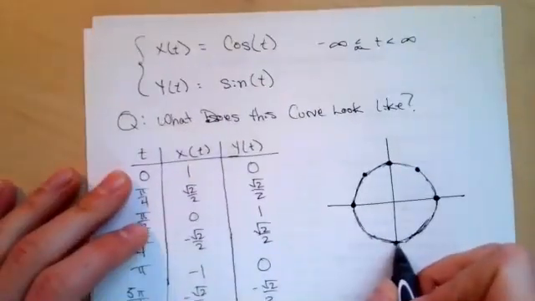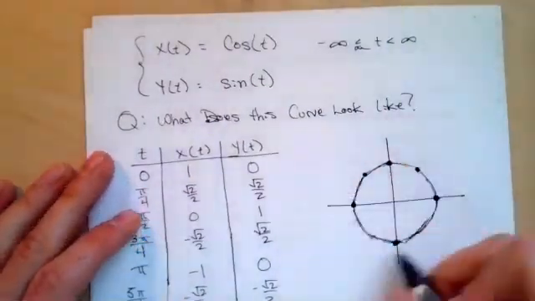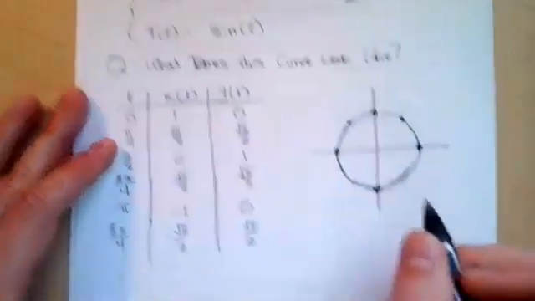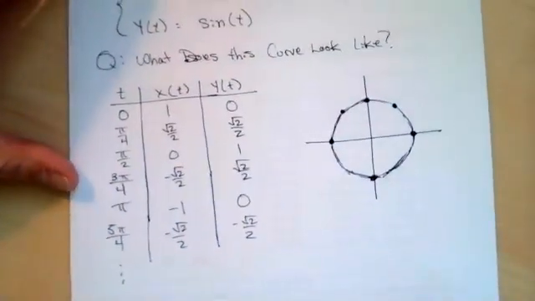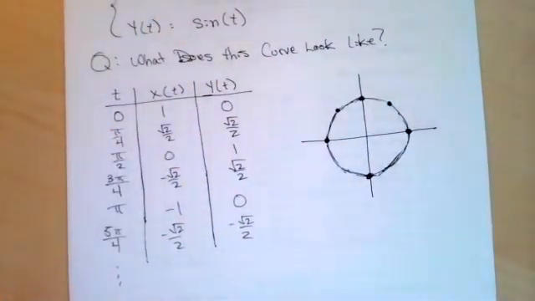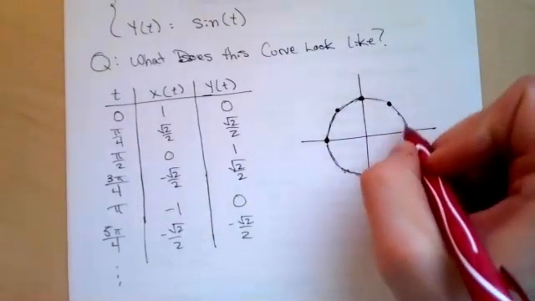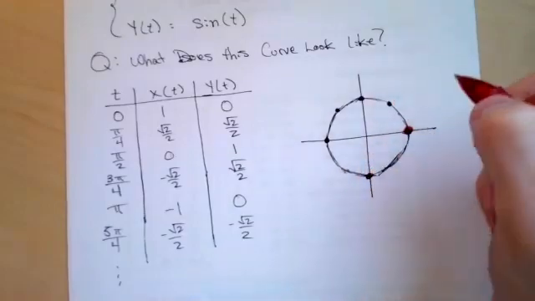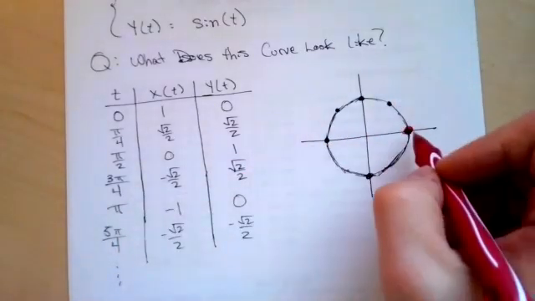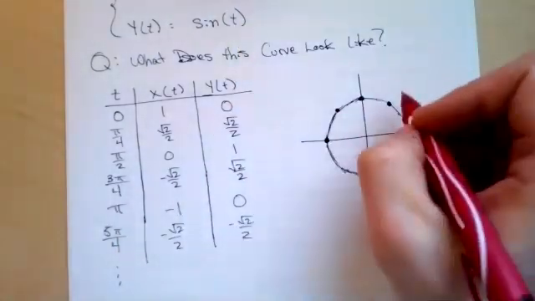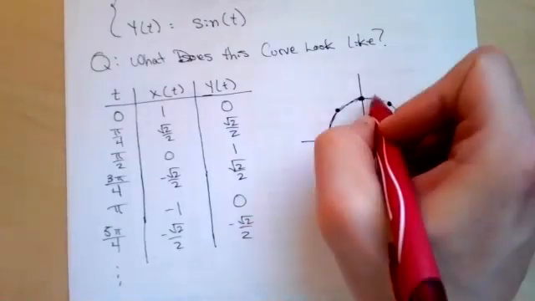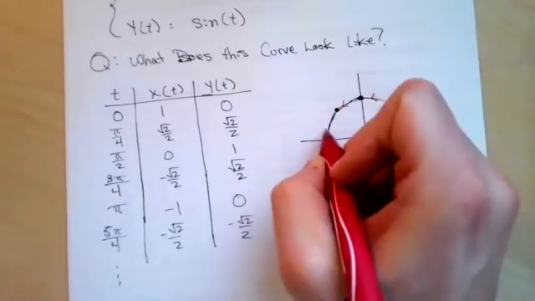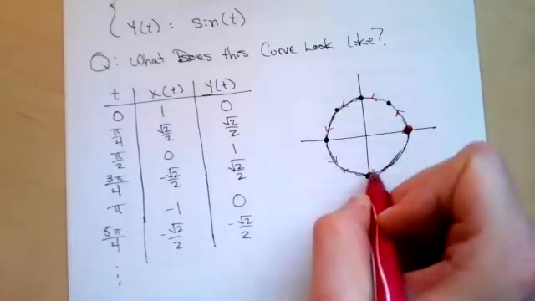So this is a curve that loops around itself every 2 pi interval of time. And do note that our starting point, at least at time 0, is there. We typically consider time 0 as our starting point, even though we also have negative times. And then we are going around the circle in this direction.